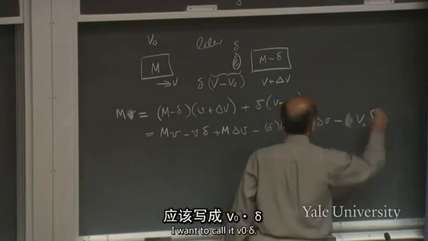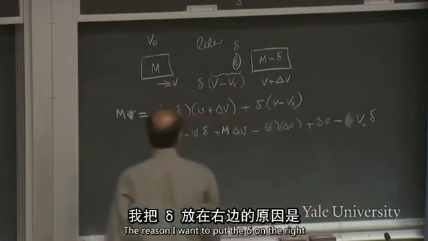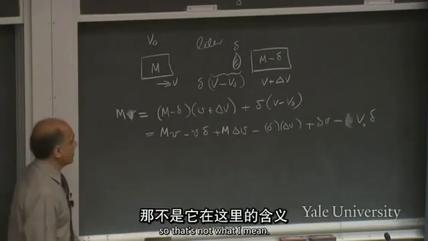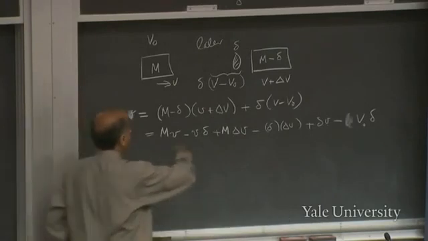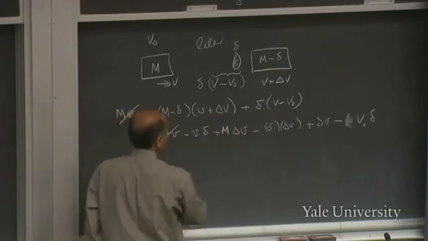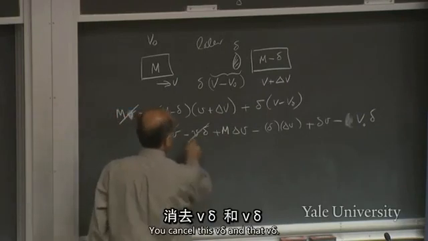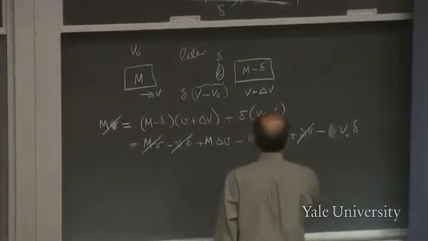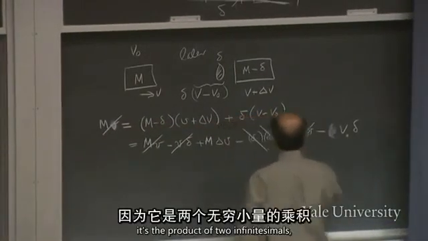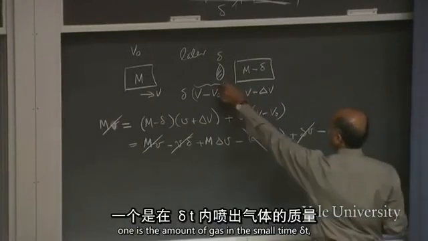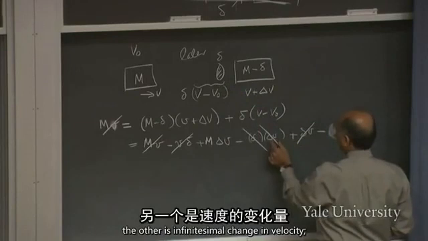I want to call it v0 delta. The reason I want to put the delta on the right is you may get confused. Delta usually stands for the change of something, so that's not what I mean. So you cancel this mv and you cancel this mv. You cancel this v delta, and that's v delta. This one you ignore because it's a product of two infinitesimals. One is the amount of gas in a small time delta t, other is the infinitesimal change in velocity.